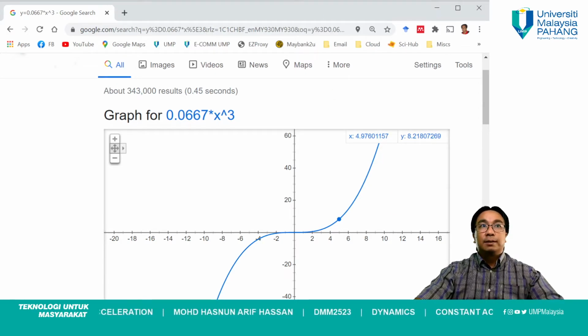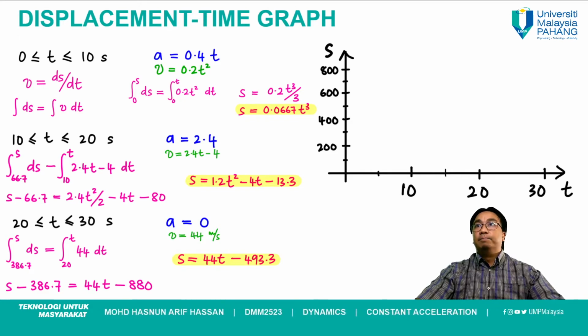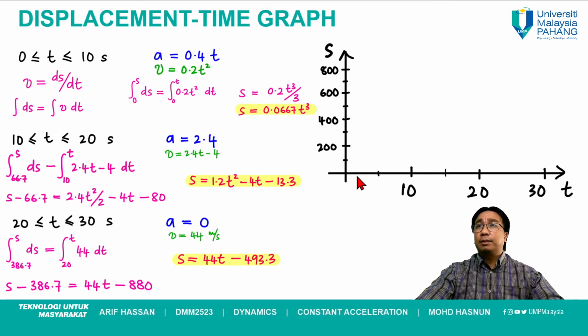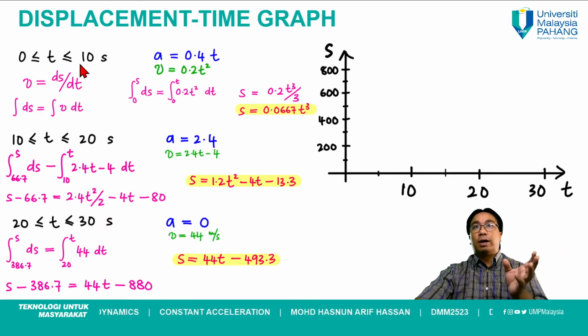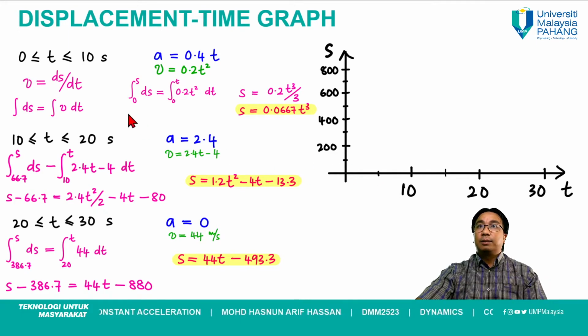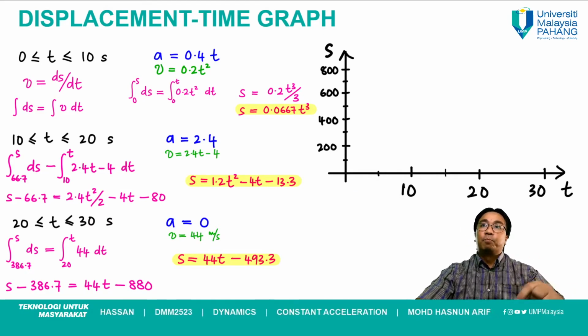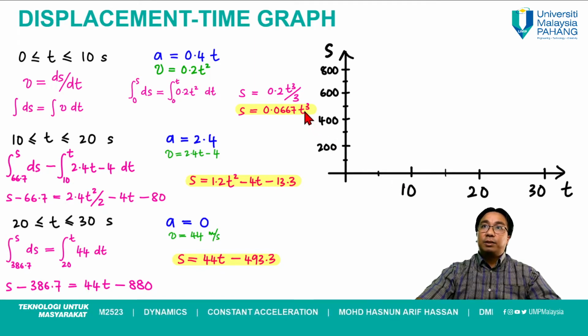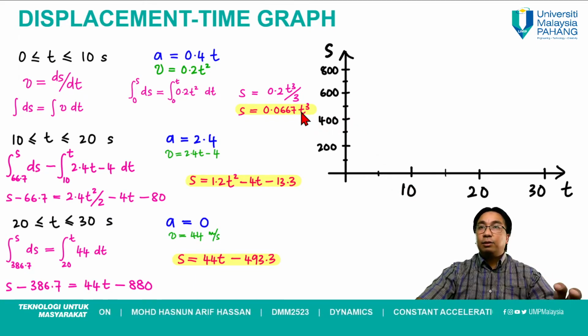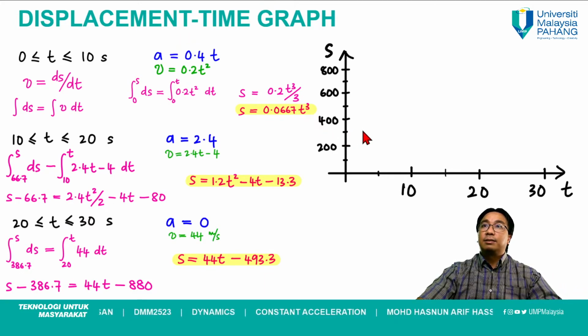Okay. Now let's go back here. So kita macam biasa, we have the range from 0 until 10. So kita untuk time equals to 0, if you substitute, you akan dapat 0. So starting point ia masih lagi 0, 0. What about at 10? So you substitute t to the power of 3, you substitute 10 ini dalam t dekat sini, so it will be 10 to the power of 3 multiply with 0.0667.